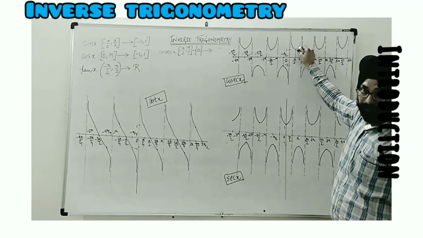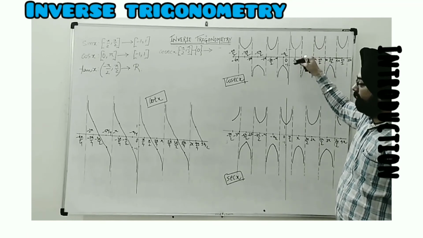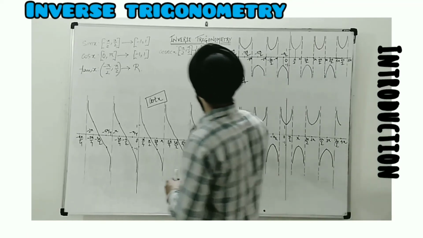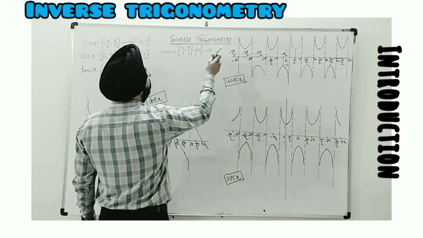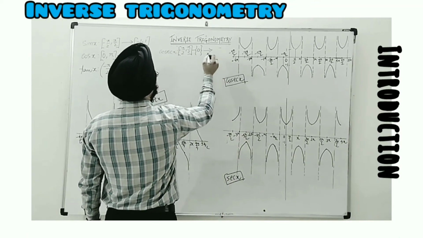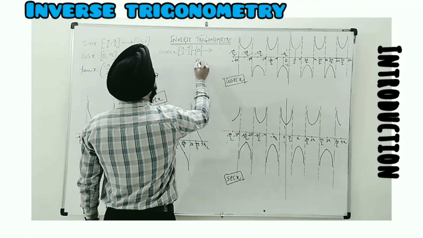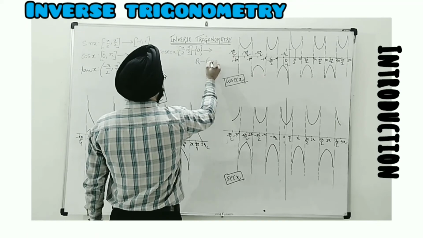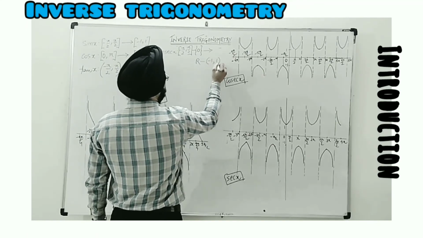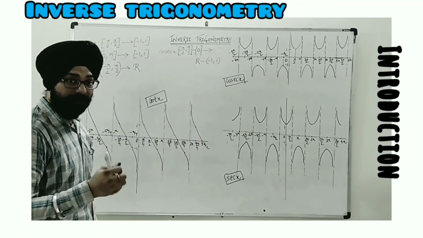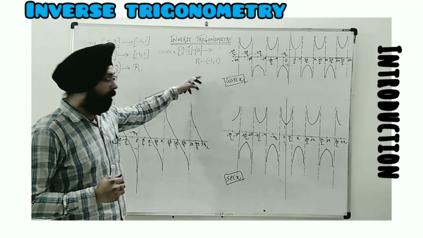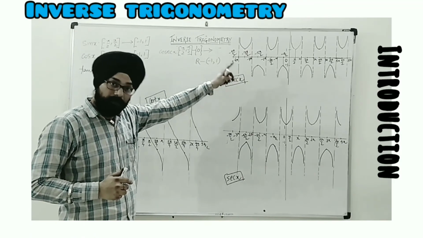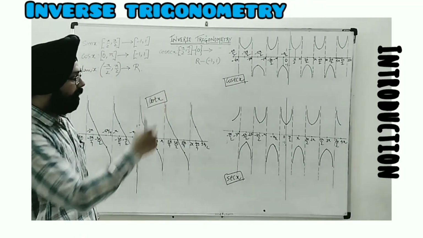Here it includes 1 and goes to infinity, but below it does not come. So how to write its range? We can write it as the set of all real numbers, but from that we subtract the open interval minus 1 to 1. Why? Because minus 1 and 1 are images and they are included in the range of cosec. You can see the graph also.